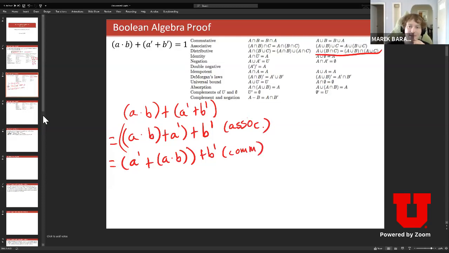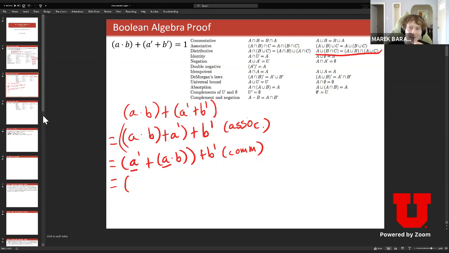One way to know what you're looking for is we want to show that this is 1. So we want to show that we have a union between something and its complement, which will give us a 1. So that's why I'm deciding to do this.